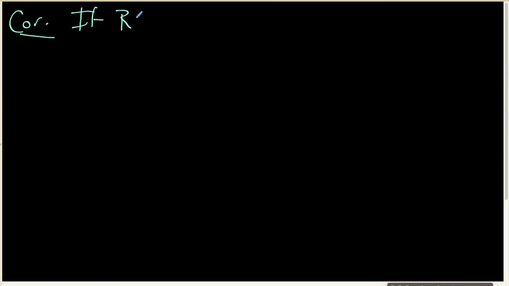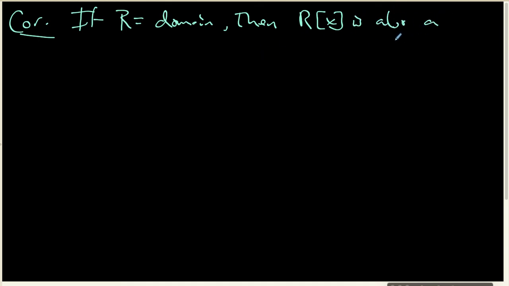If our ring of coefficients is a domain, then it turns out that the ring of polynomials is also a domain. And the reason why is the proof that we just did.